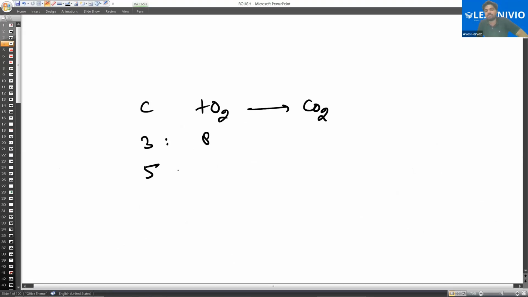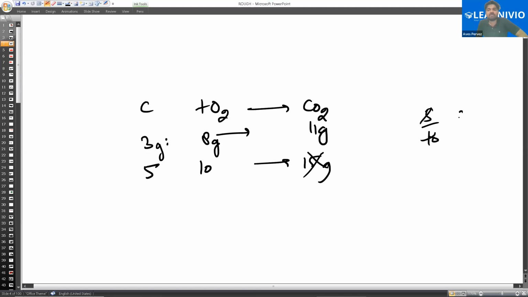If you take 5 and 10, it does not mean that it will give you 15, because the ratio is not 3 is to 8. Here 5 by 10 has the ratio 1 is to 2. It is not 3 is to 8. The ratio changed, so they have to react accordingly.